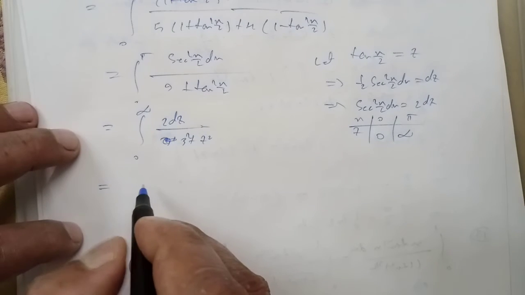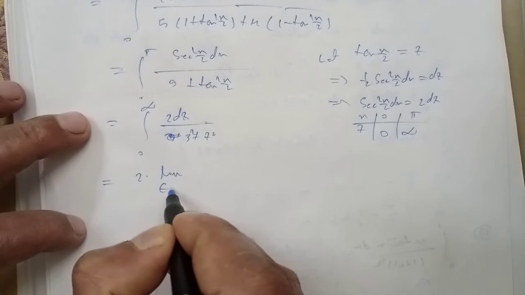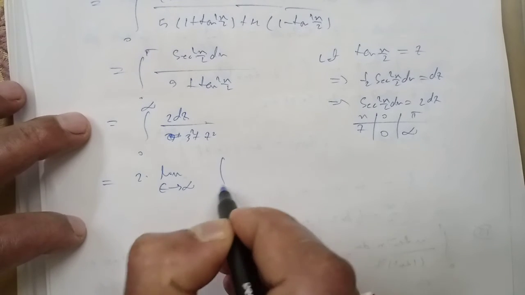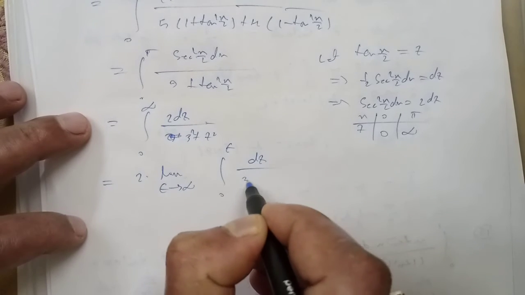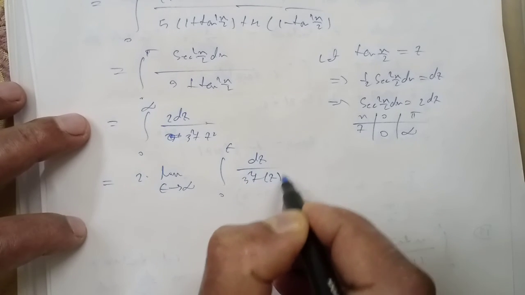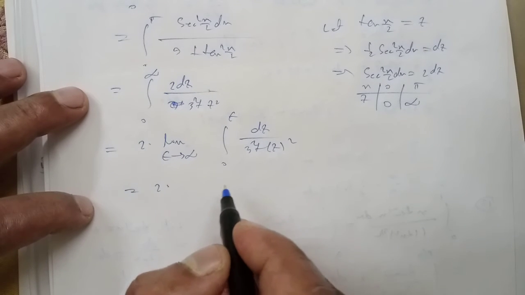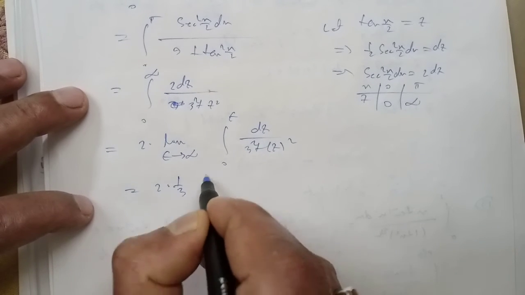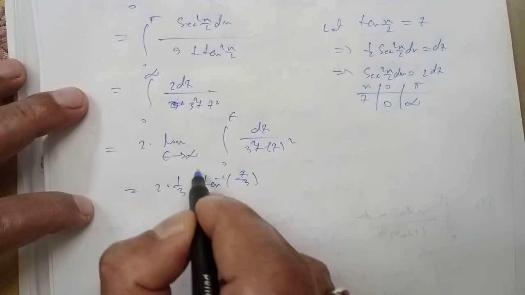Now I can write it in this way: 2 limit epsilon tends to infinity, integration 0 to epsilon, dz by 3 square plus z square. So this becomes 1 by 3 tan inverse of z by 3.